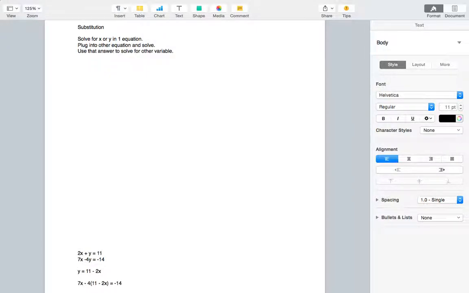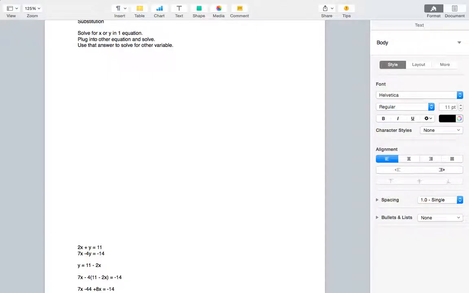And then you distribute the -4 to everything in here. So -4 multiplied by 11, and then -4 multiplied by -2. And don't forget anything else. So that gives you 7x minus 44 plus 8x equals -14.